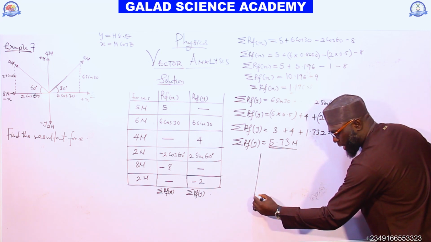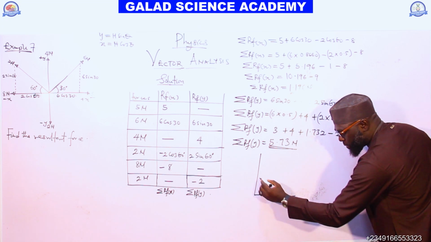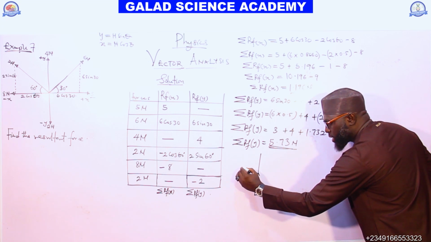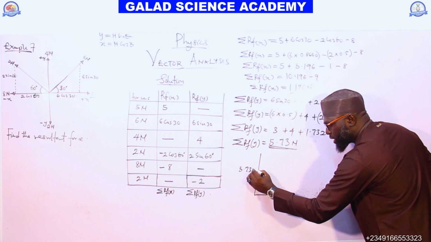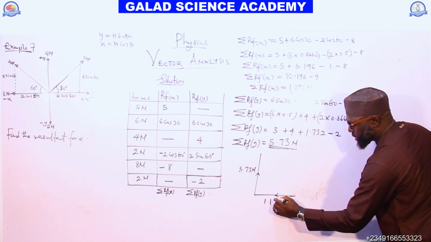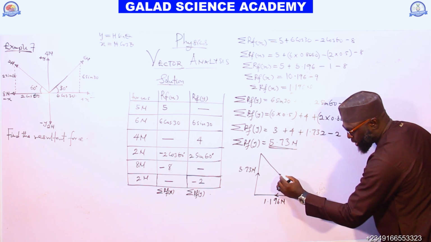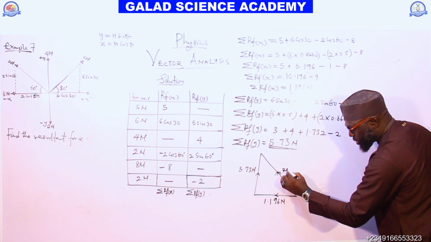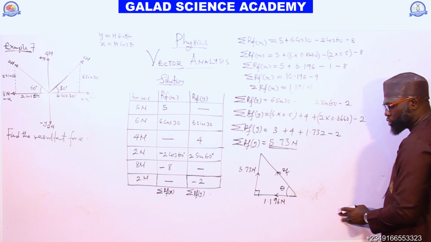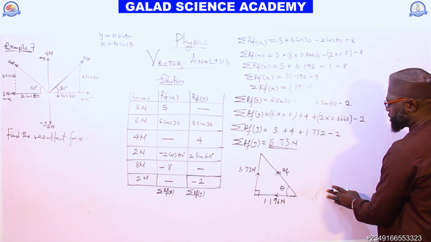The next thing now is we will draw the diagram to be in this form. This is y-axis, 5.73 Newton. Horizontal axis is 1.196 Newton. Join the two together. It will be resultant F and theta. So to know the resultant force here now, you will apply Pythagoras theorem.